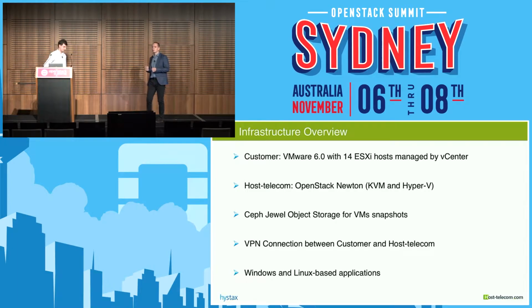For Windows, it was primarily Windows 2012, but there was some Windows 2008. On the Haas Telecom side, we had OpenStack Newton and Ceph Jewel to store VM snapshots. And to provide secure data transfer between the two sites, we created a VPN tunnel between these locations.